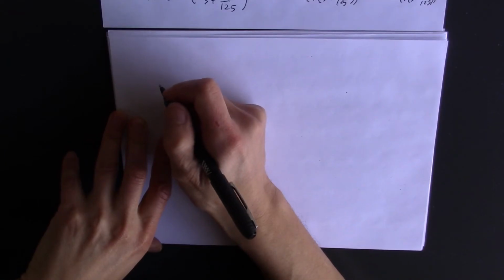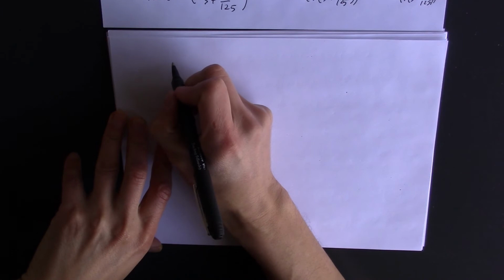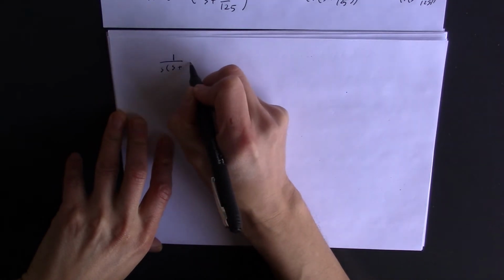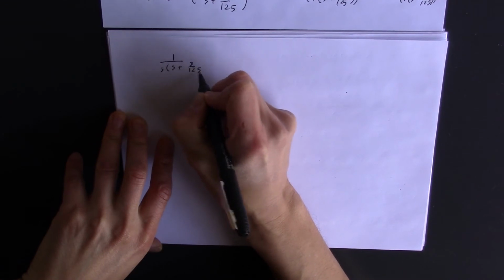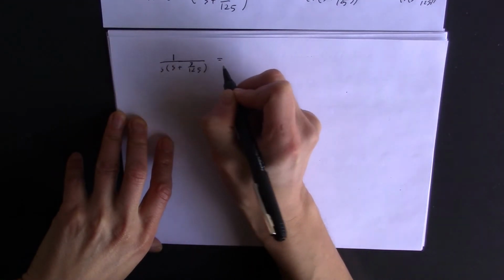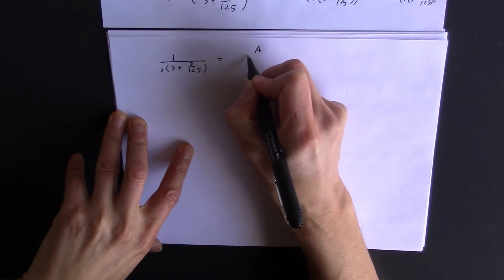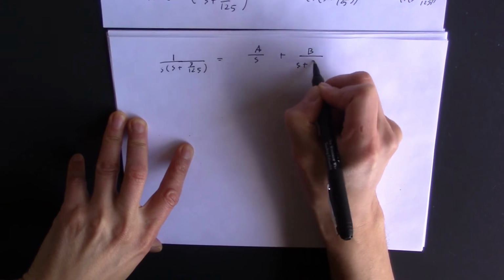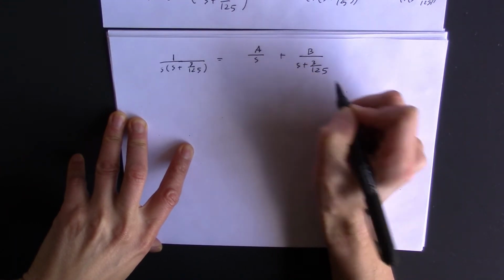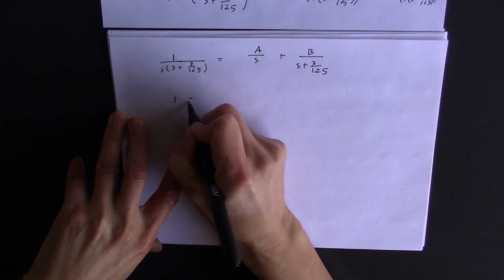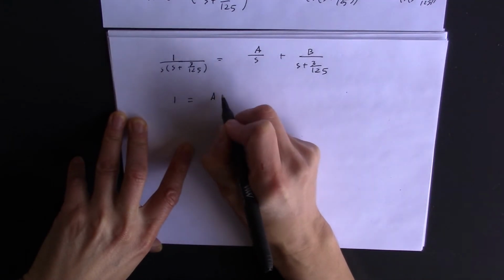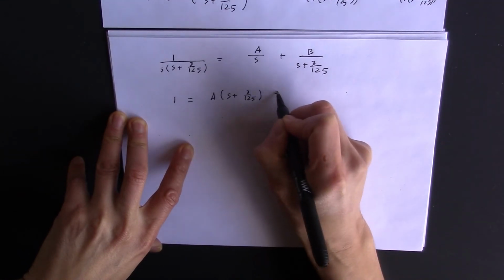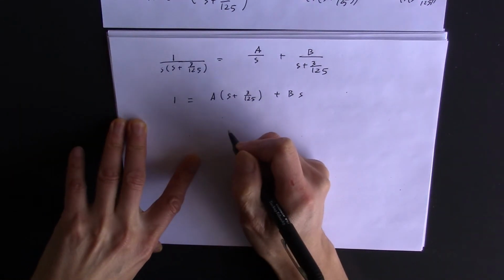Let's do partial fraction decomposition. So 1 over s times (s + 3/125) equals A over s plus B over (s + 3/125). So we're going to get 1 equals A times (s + 3/125) plus B times s.